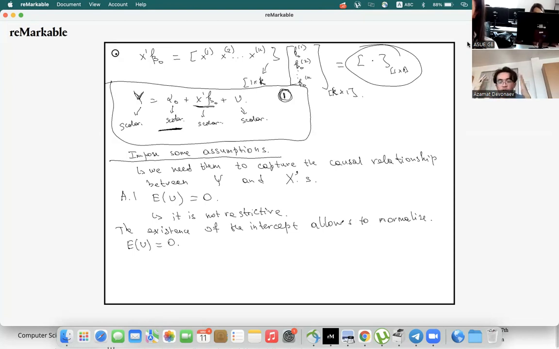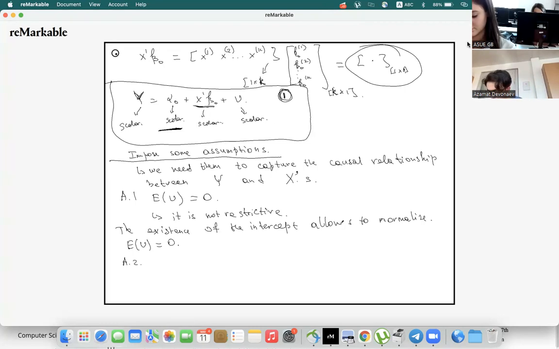Because if it's not zero but any constant, it's a mean, right? If it's not zero, you can always just add an intercept. Whenever you add an intercept, it's like a level up or level down of the line, and there is no problem. You can subtract or you can add. It's not a restrictive assumption in this sense. But what is a restrictive assumption is the second one.